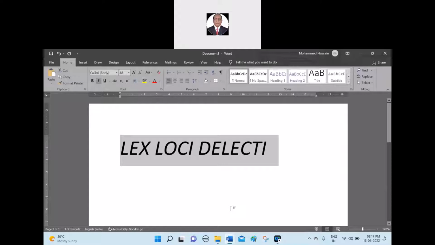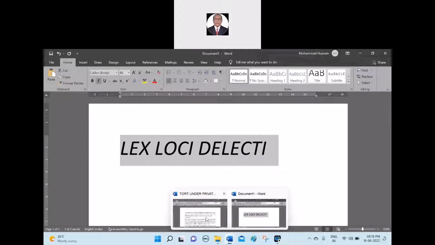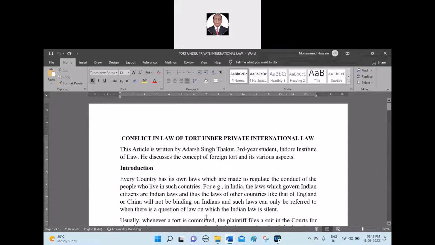Delictum here means crookedness or wrong, and lex loci is the place where the wrong is committed, where the accident is made, any accident or any tort. So that is a connecting factor for the conflicts in private international law.